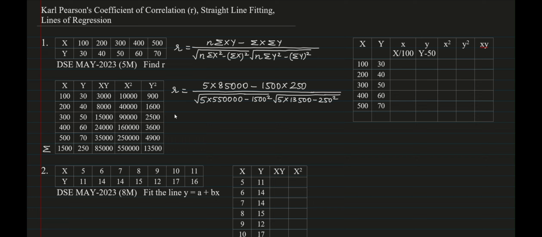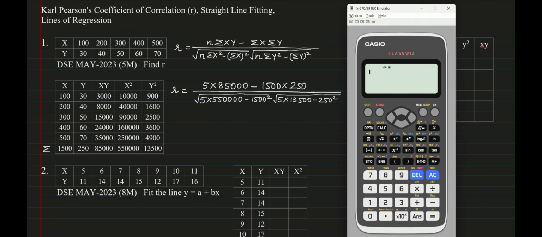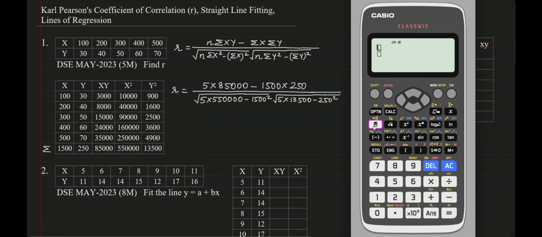Let's put this value in the calculator. 5 into 85,000 minus 1500 into 250, upon square root of 5 into 5,50,000 minus 1500 square, into 5 into 13,500 minus 250 square.